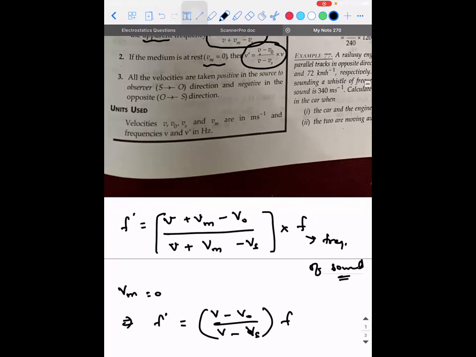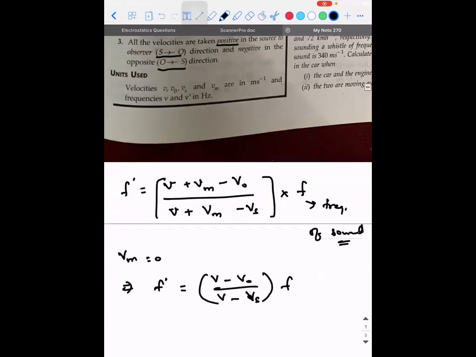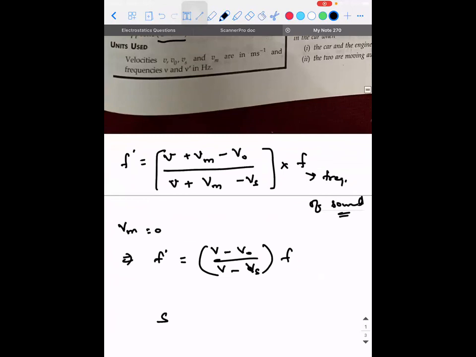Here there is a sign convention that we need to follow. All velocities are considered positive in the source to observer direction and negative in the opposite direction, that is, observer to source. Generally the source is taken on the left-hand side and the observer on the right-hand side.